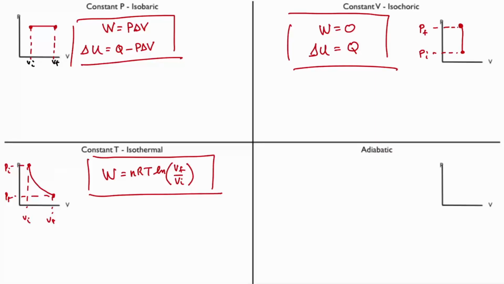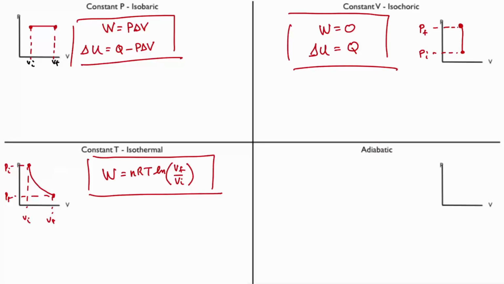Let it flow in, let it flow out. Move on. So the work gets nasty. It's mostly ideal gas law there, but then we've got to deal with this natural log that showed up all of a sudden as the ratio of the volumes. It is what it is.